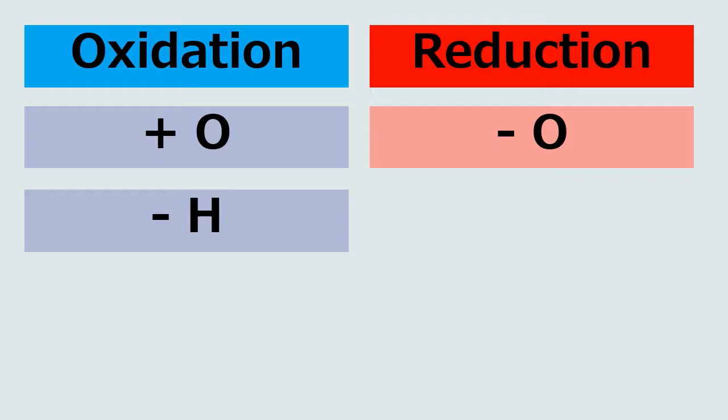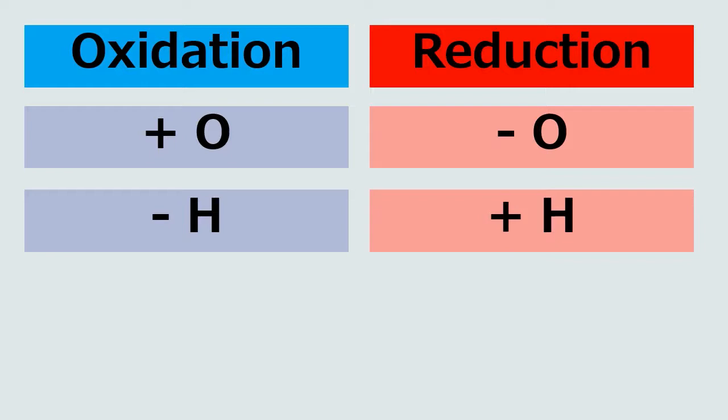If the substance releases or loses its hydrogen, it is said to undergo oxidation, while if the substance receives hydrogen, the substance undergoes reduction.